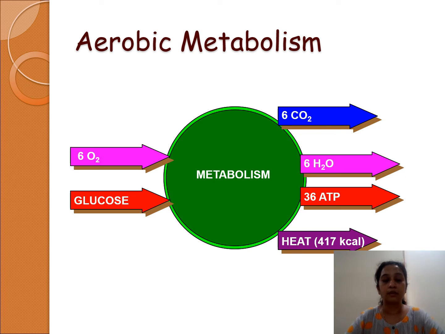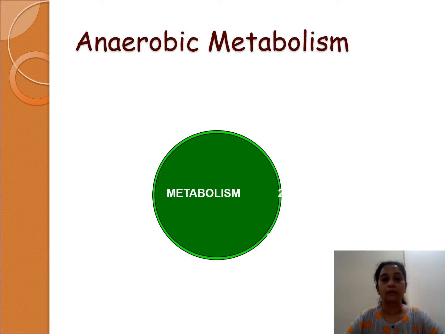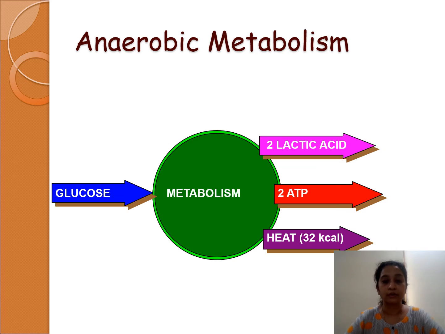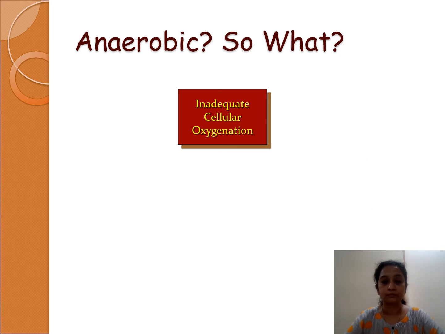So once the oxygen and glucose supply is adequate, through aerobic metabolism there is generation of energy, which is 36 ATP along with heat, water and carbon dioxide. If the oxygen supply and glucose supply is reduced, if there is no oxygen supply, it will lead to anaerobic metabolism, which will lead to accumulation of lactic acid.